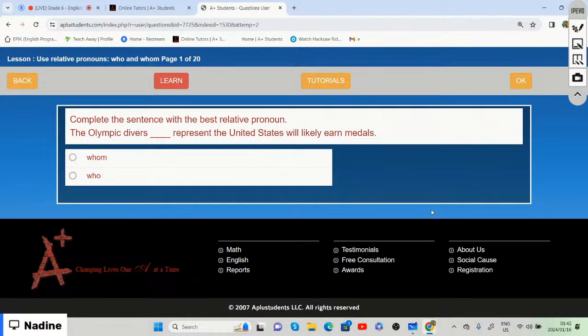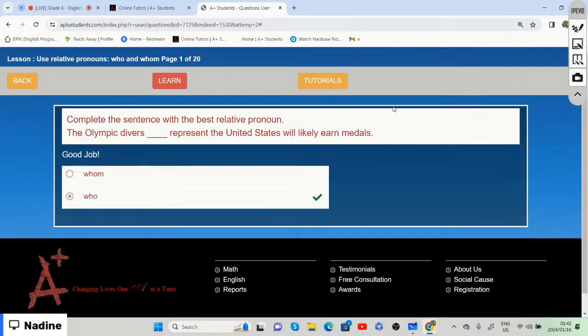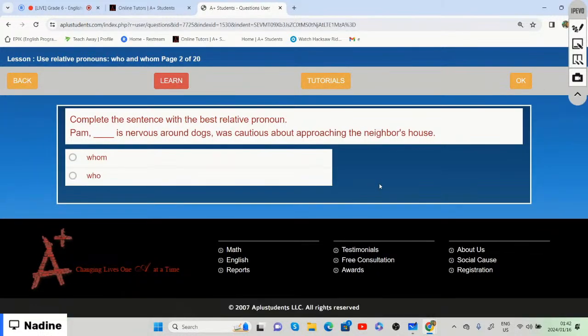The Olympic athletes who represent the United States will likely earn medals. And who is the correct one?